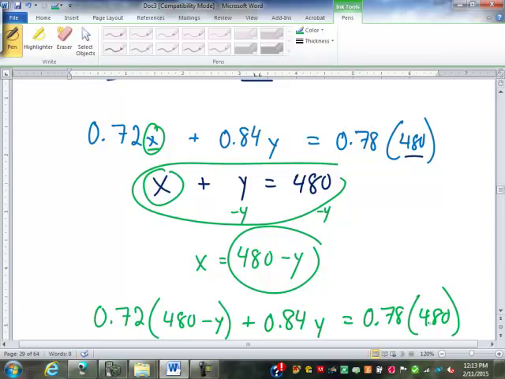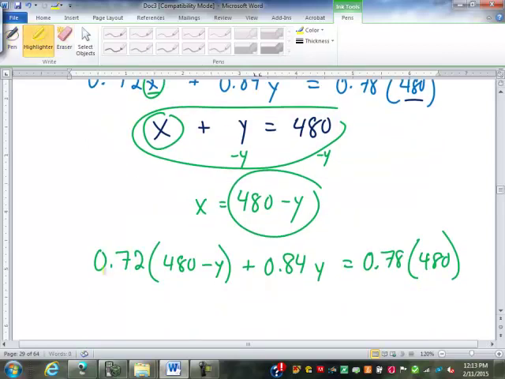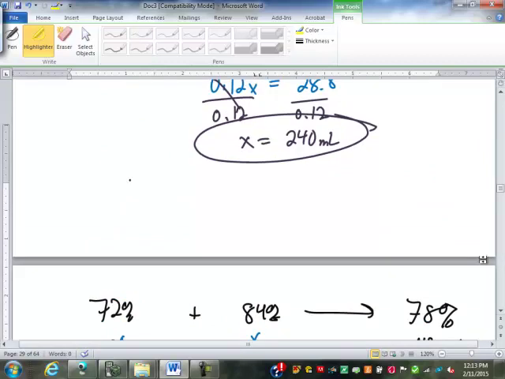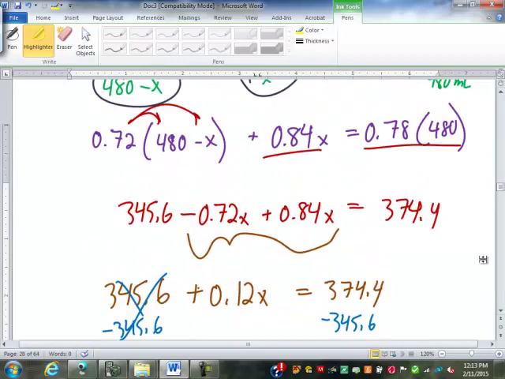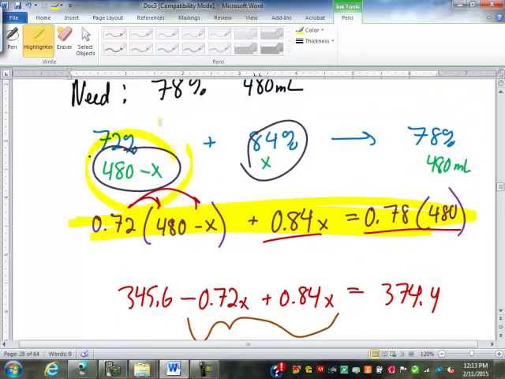Now at this point, what you'll notice is this equation here, except for the fact that it's in the y variable instead of the x variable, is exactly the same as the equation I created up here. So all I've really done up here, by reasoning out that this must be 480 minus x, is taken out a couple of steps in the system of equations, but it really is a system of equations for solving that. We've just managed to use some common sense to avoid doing it.